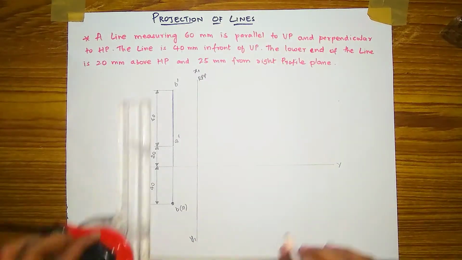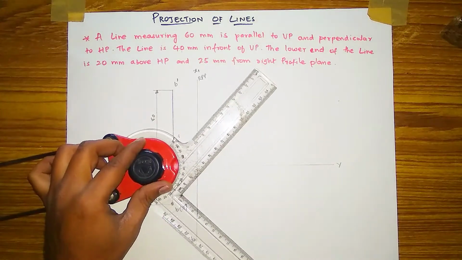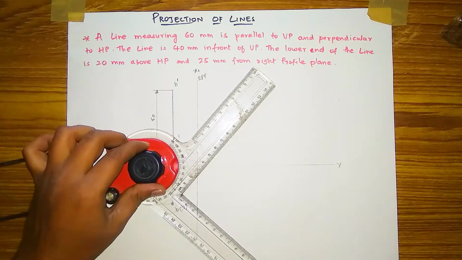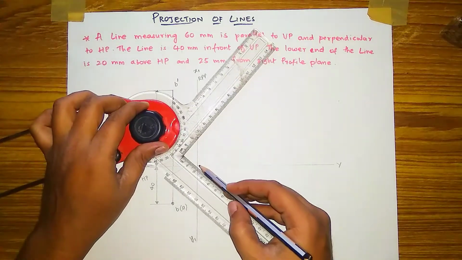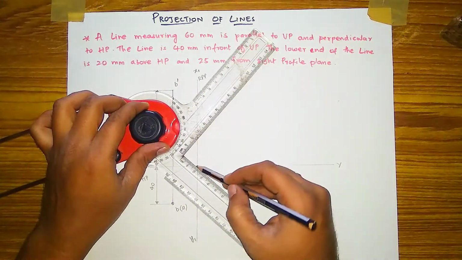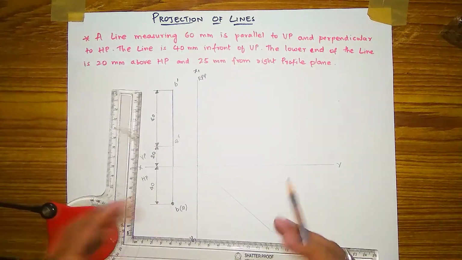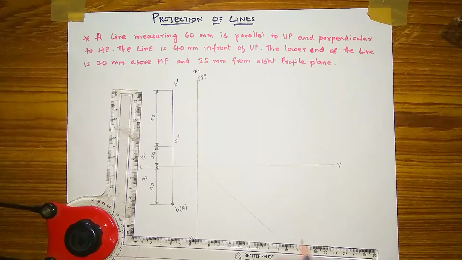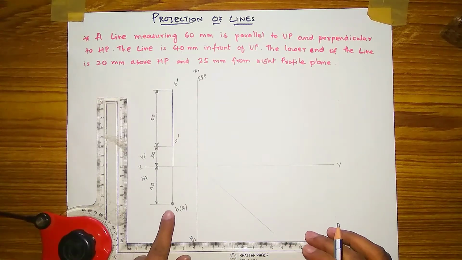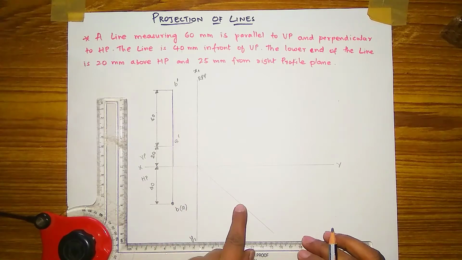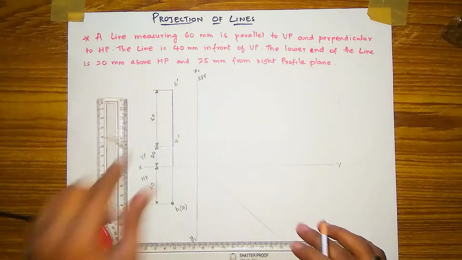Okay, then after you have to adjust your mini drafter to a 45 degree angle and draw a 45 degree angle line from the right profile plane. You can also take it with your protractor. Then you have to take the projection line from A and B till this 45 degree line and upwards.